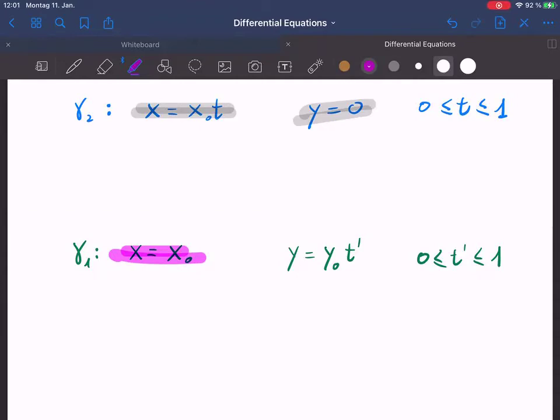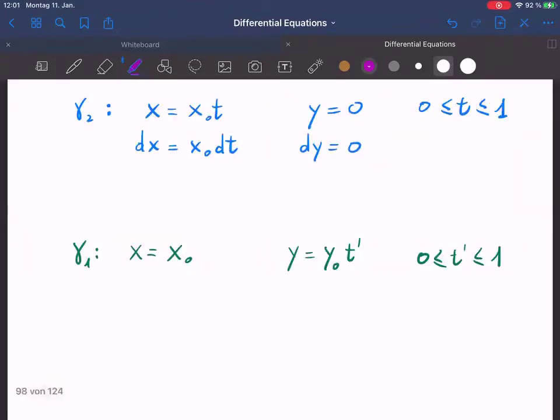So those are my two paths. So now let's see what the integrand becomes on each path. So now we just do what we said before for the differential form. I have to write every dx and every dy in terms of the coordinate on the path. For example, for the blue one, dx is obviously x0 dt, while dy is 0, because y is 0.